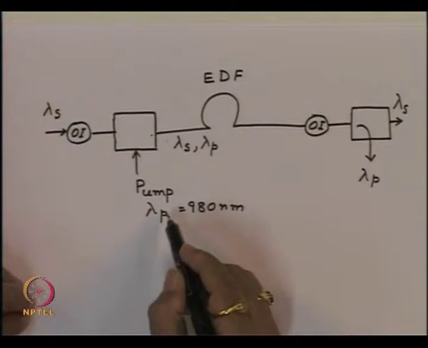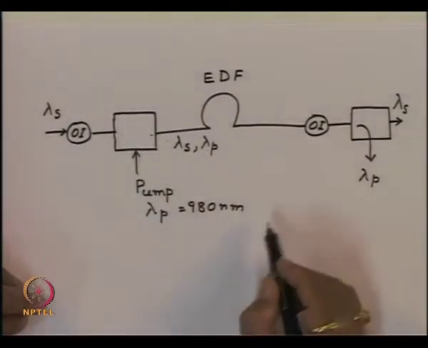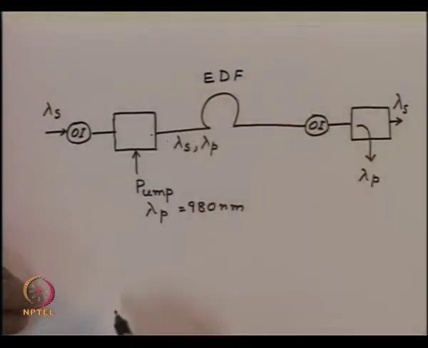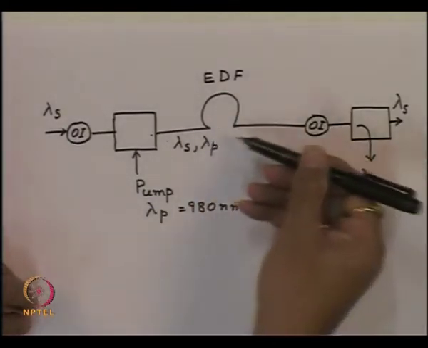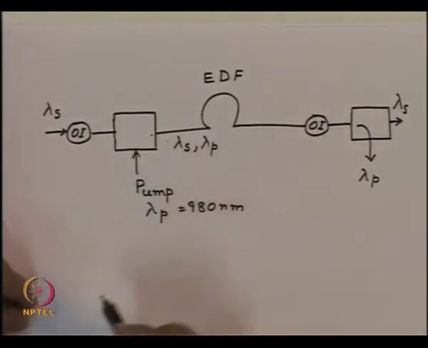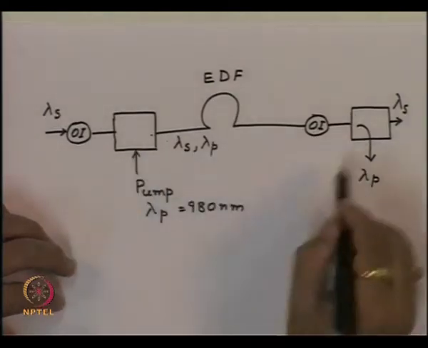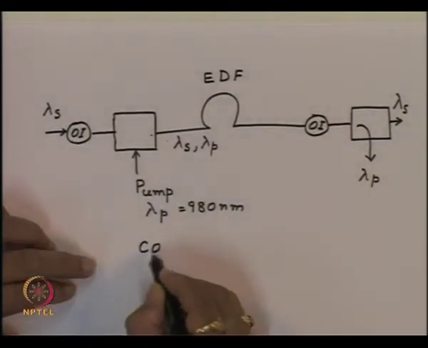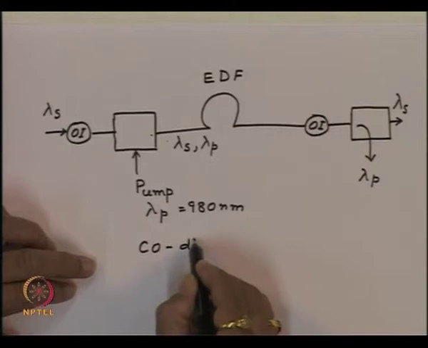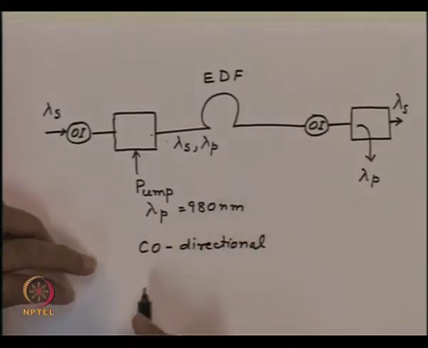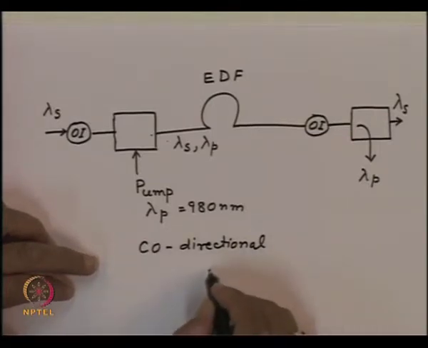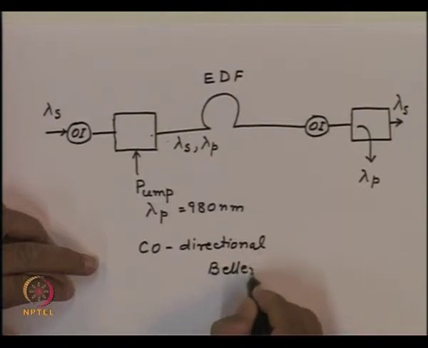Contrary to this, suppose we had put the signal this way, but the pump was supplied in the backward direction, then also the amplification would take place, and now since the pump is traveling in the backward direction, separation of this would be rather easier. So, this one scheme is called the co-directional scheme. And this essentially provides a better noise performance.